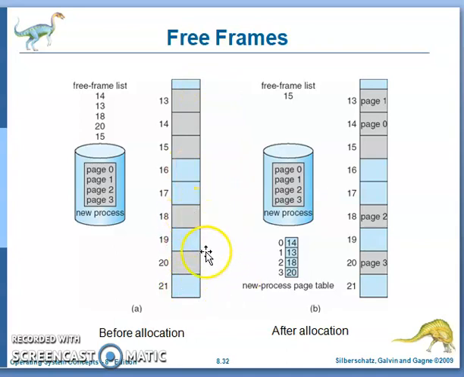Now allocate these 4 pages in the free frames: page 0 is in 14, page 1 is in 13, page 2 is in 18, page 3 is in 20. Finally, only one free frame remains, which is 15. Now the free frame list is 15. This is before allocation and this is after allocation.